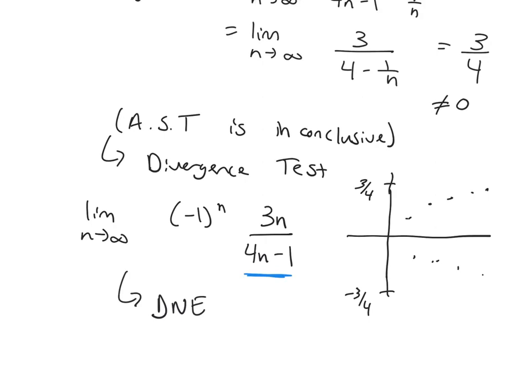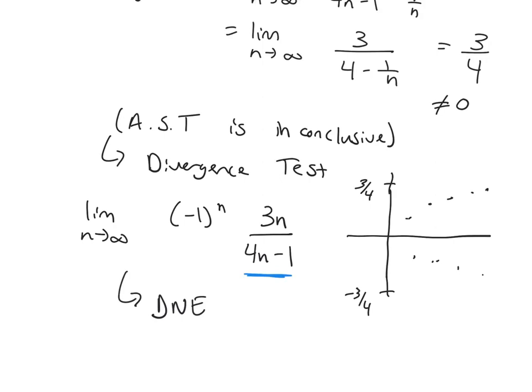And I said that the limit of this part, 3n over 4n minus 1, we calculated to be 3/4. So all the positive terms want to go to 3/4, but the negative terms are going to want to go to negative 3/4. So if I look at what's happening, my numbers are staying spread apart. They're not close together.